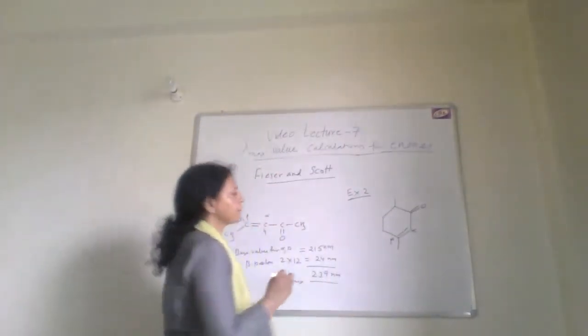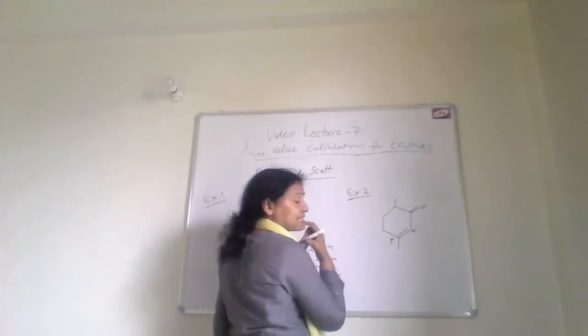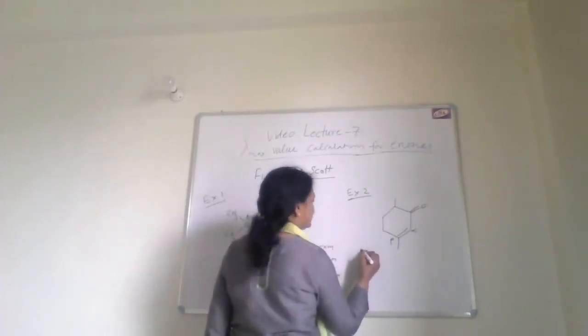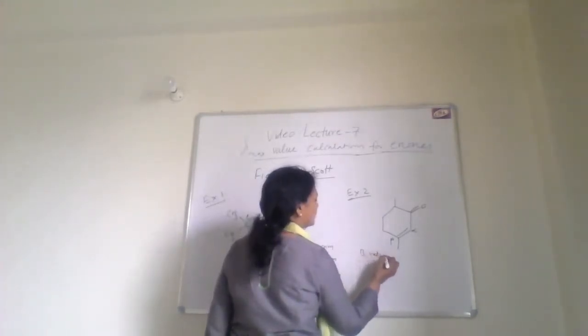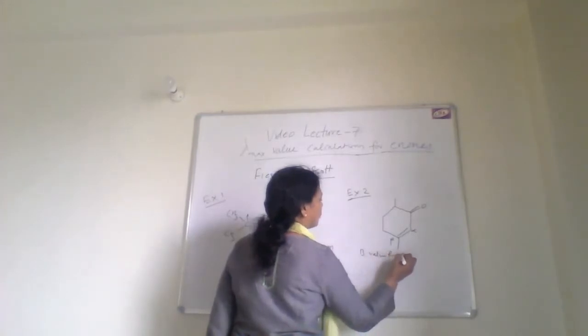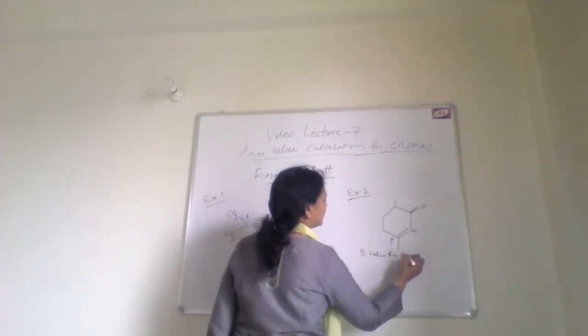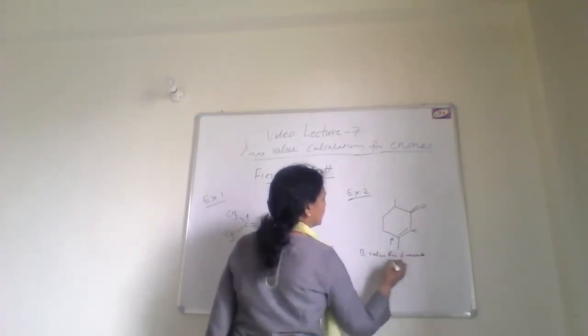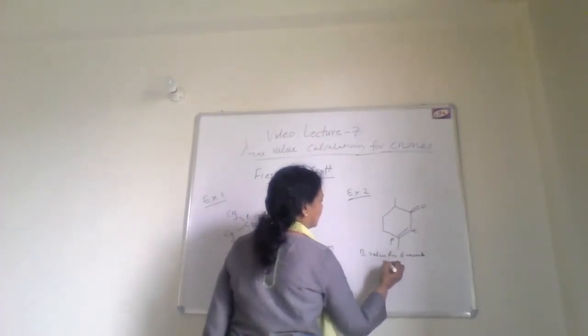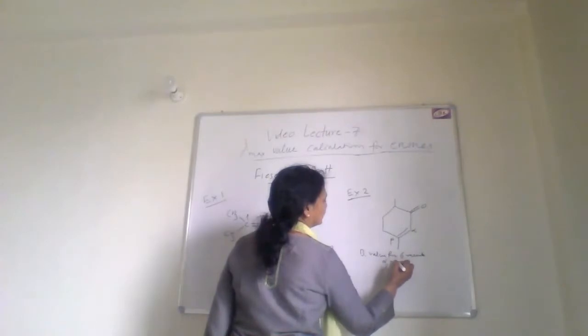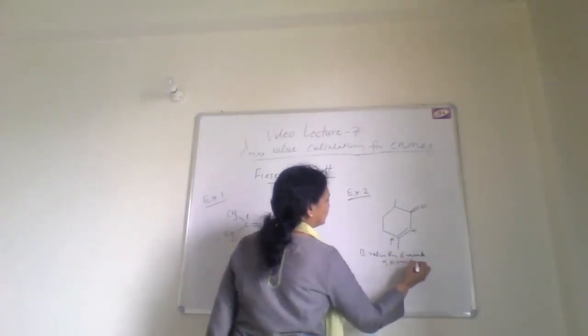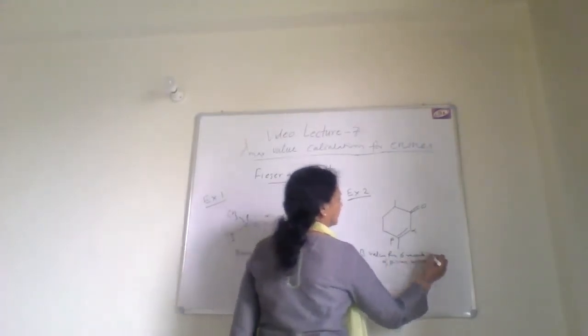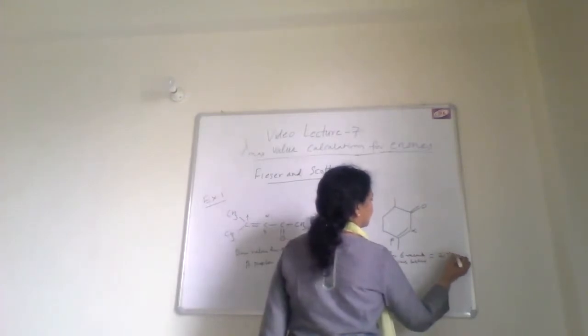Right? It is a 6 member ring. So the base value for a 6 member alpha, beta unsaturated ketone, again its value is 215 nanometers.